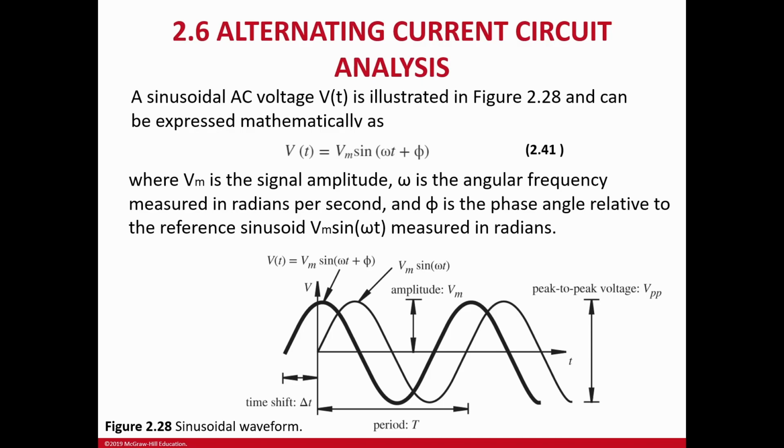And what is the phi here? Phi is the phase angle relative to the reference. This is the reference, and phi is actually the deviation here. But this axis is time, right? So how do we calculate the phase angle in degrees?